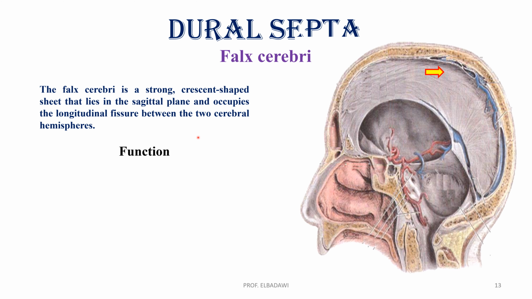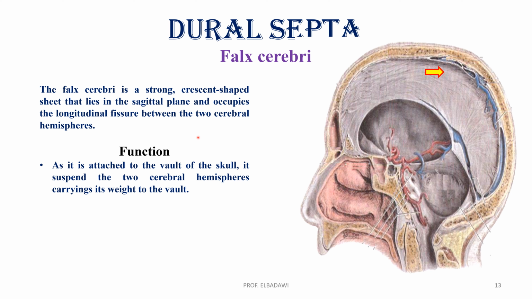The function of this falx cerebri is very, very important, as it's attached to the vault of the skull, as you can see here on the undersurface of the vault of the skull, to the sides of the groove of the superior sagittal sinus. You can imagine the 2 hemispheres on each side lying on the upper surface of the tentorium cerebelli.